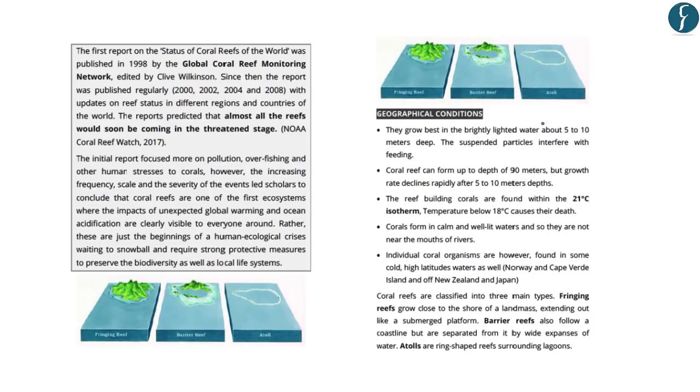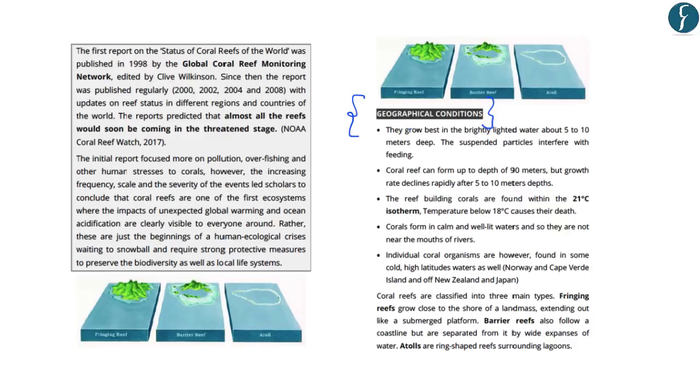Now, again, in the Compass, one of the key aspects that was highlighted was the geographical conditions which are required for the growth and survival of the coral reefs. These conditions are strictly very important for the growth of coral reefs. All these conditions are adversely impacted because of global warming and climate change.